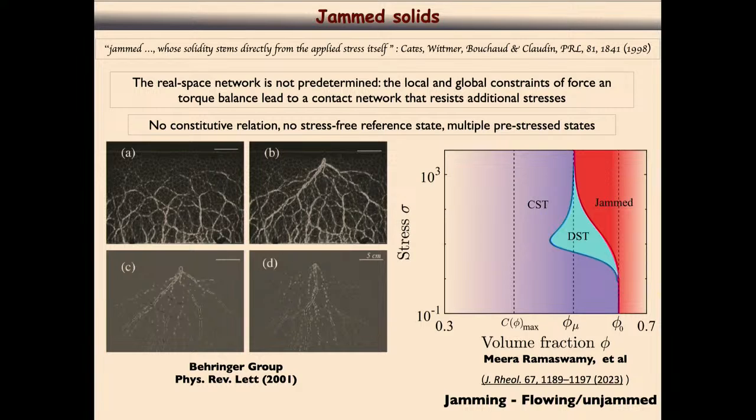I use a very specific definition of jammed or jamming, and that was introduced in this paper in 1998 by Cates, Wittmer, Bouchaud, and Claudin. Jammed systems are those whose solidity emerges from the applied stress itself. So there is no solid without applied stress.